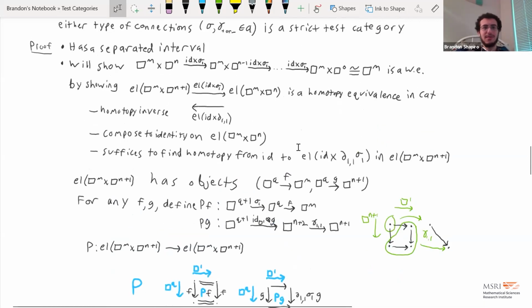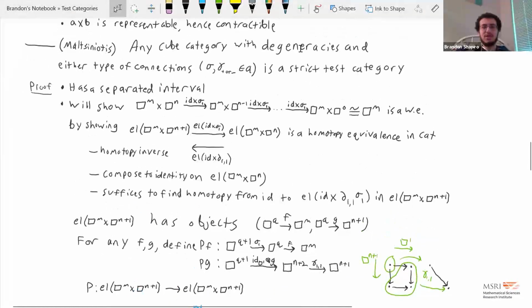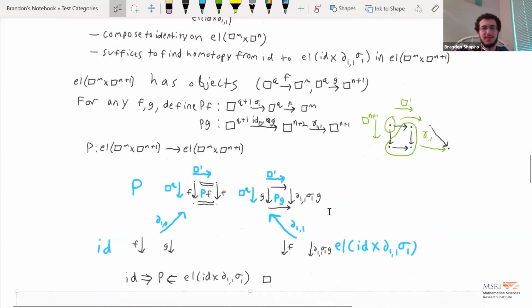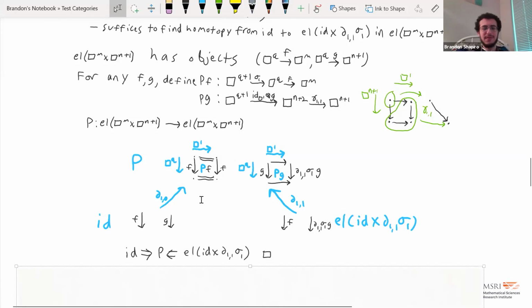And therefore, any cube category with either type of degeneracy is a strict test category. And if we use the other kind of degeneracy, then you would just reverse this picture, or just reverse these two face maps when we're doing the natural transformations.